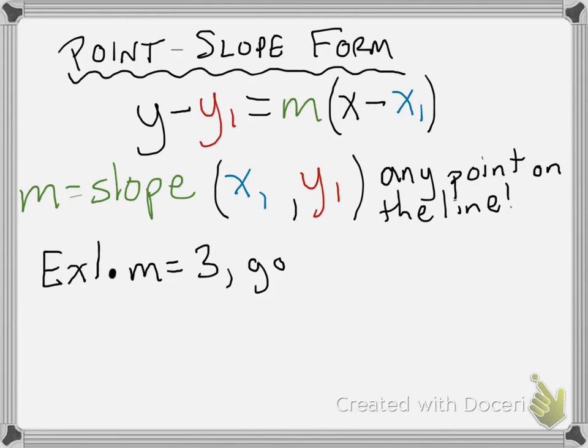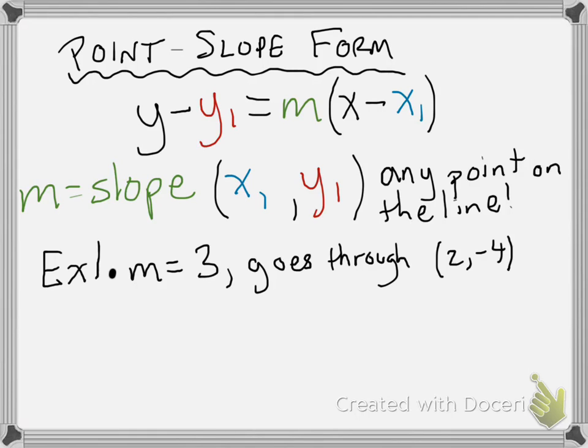Okay, example 1. So we want to figure out what is the equation that goes through the point 2, -4, and has a slope that equals 3.